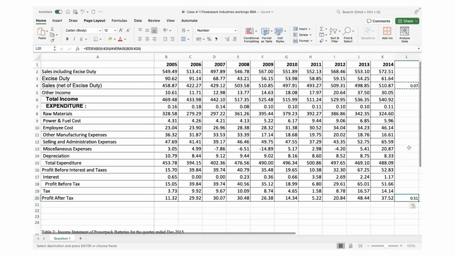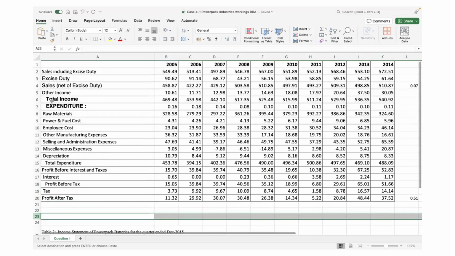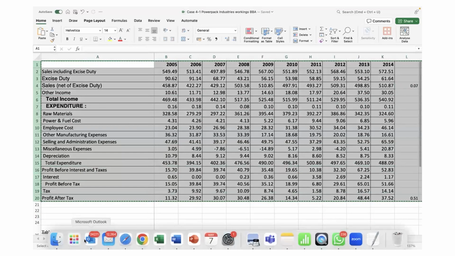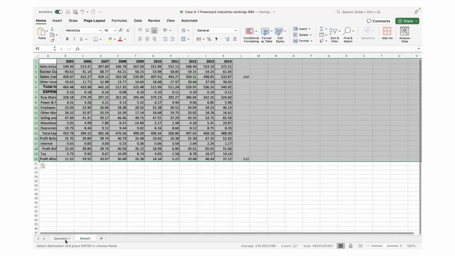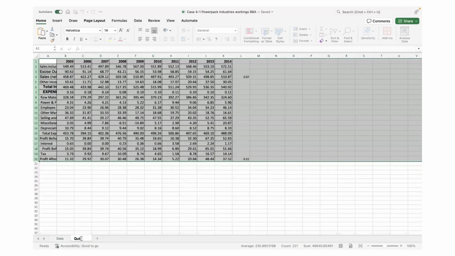One way for us to get into that is to find which particular cost element is causing this kind of problem. So, what we will do is first copy this into a new sheet to answer the first question. Let us relabel this as data, question 1.